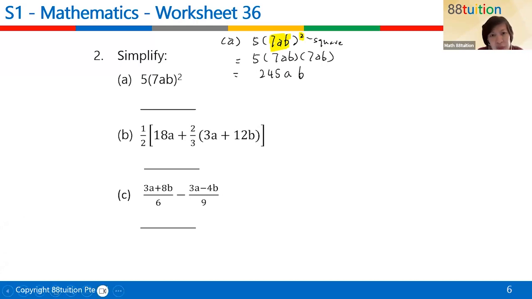Anyone? I want to have a quiz over here. Can you help me with this question? This is 245 AB. My question to you is true or false, okay?